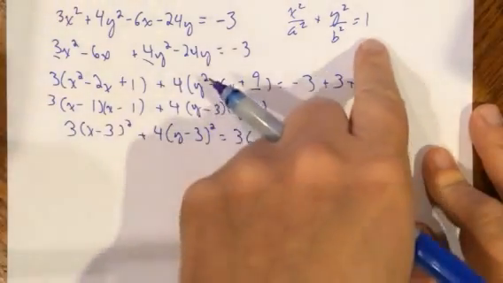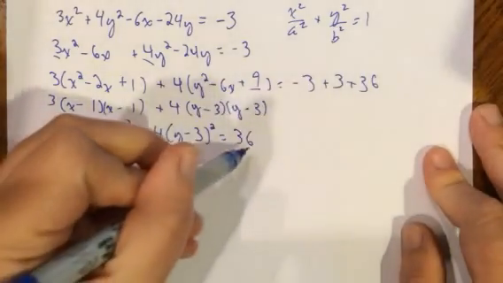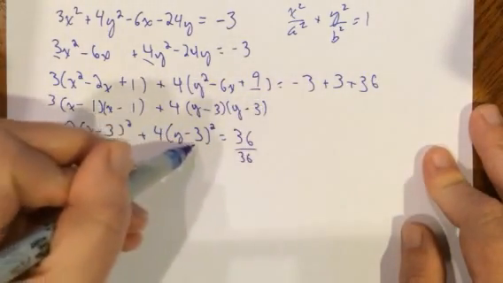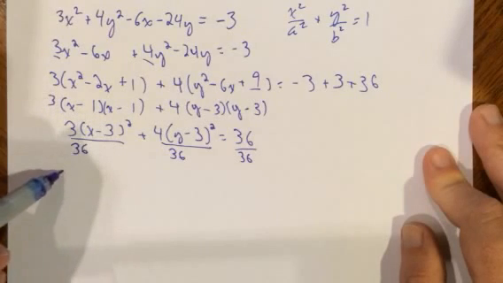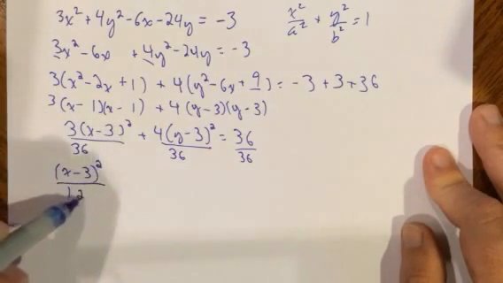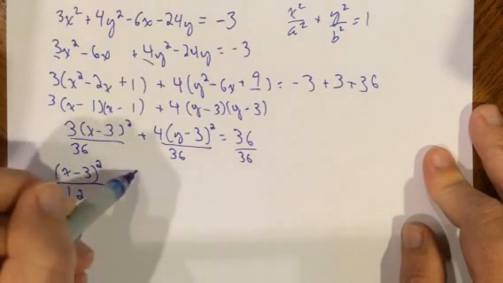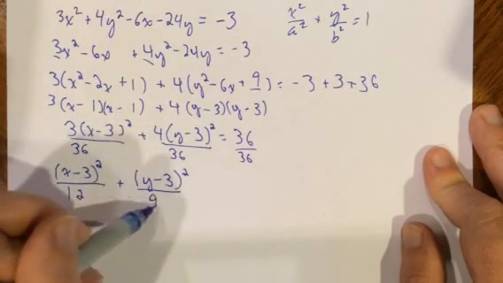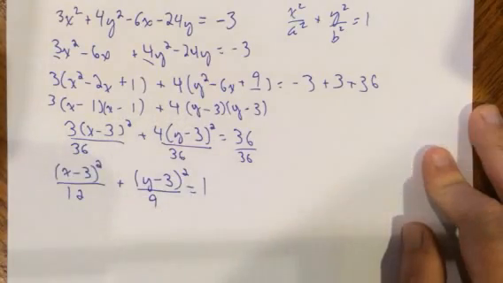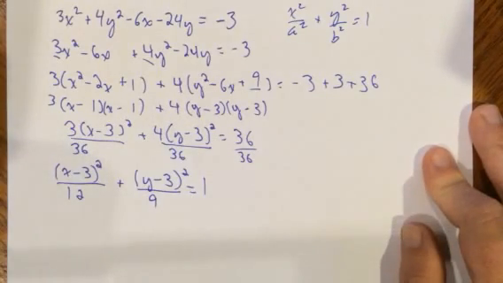Okay, I need it to equal 1 though. So I'm going to divide everything by 36. So I'm going to get x minus 1, whole thing squared, over 12, plus y minus 3, whole thing squared, over 9 equals 1.